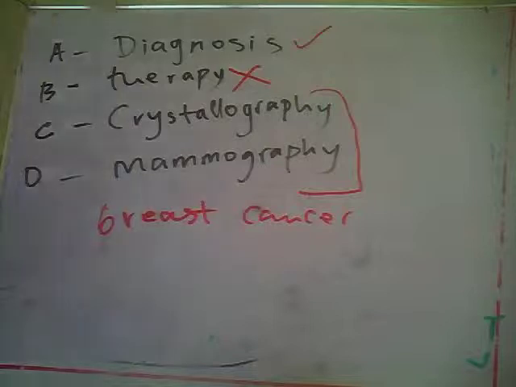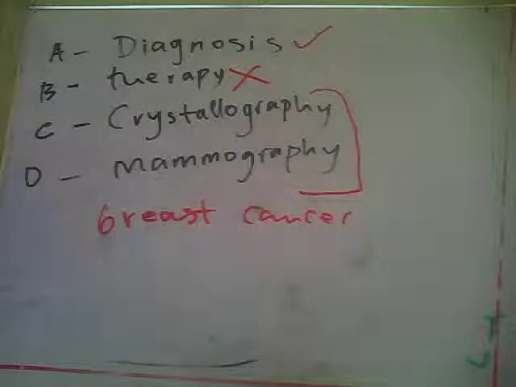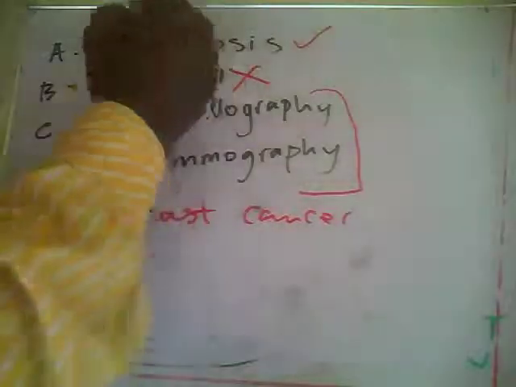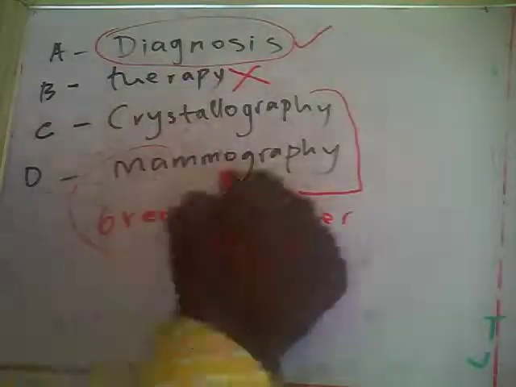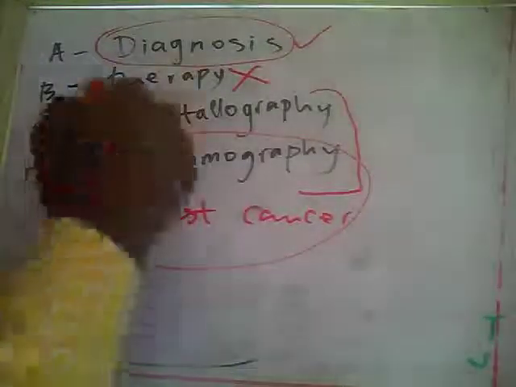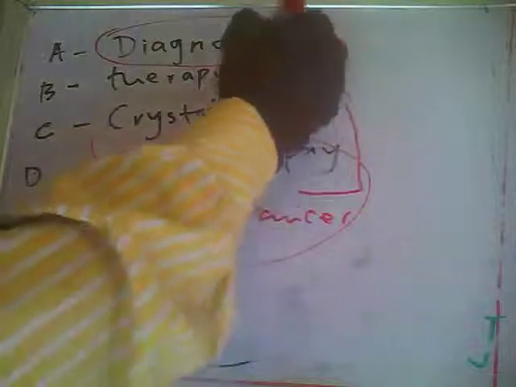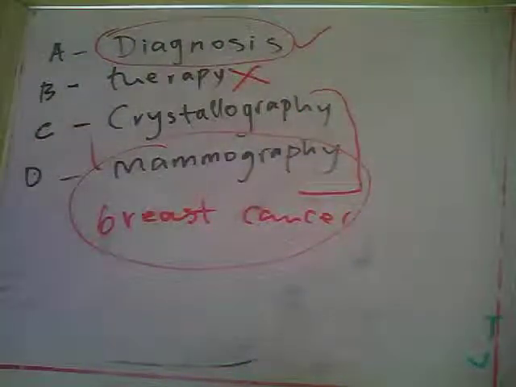X-ray diagnosis is for detection, detection of atomic structures, molecular structures, materials. So the answer is X-ray diagnosis. That's what encompasses all these, C and D, whereas B is not among the options to be considered at all. So the correct answer is X-ray diagnosis.